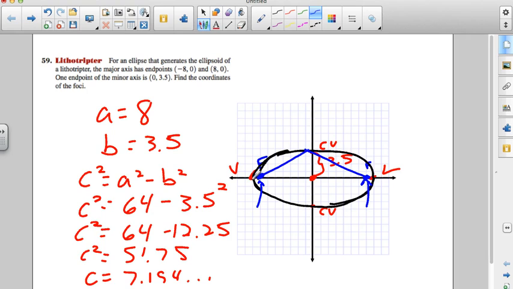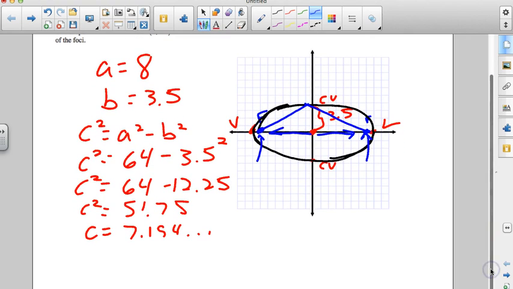So how to describe that? Well, probably easiest to just say they both have to be the square root of 51.75 from each of the ends, because that's where the foci are. So the coordinates of those foci would be plus or minus 7.194, 0.